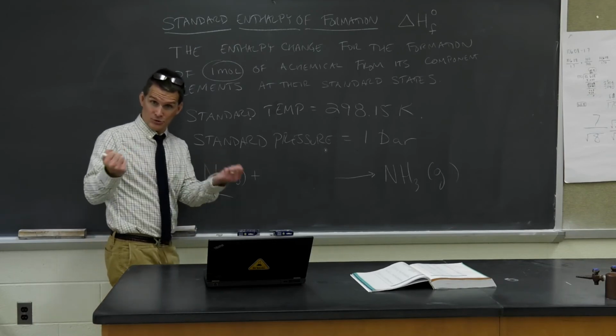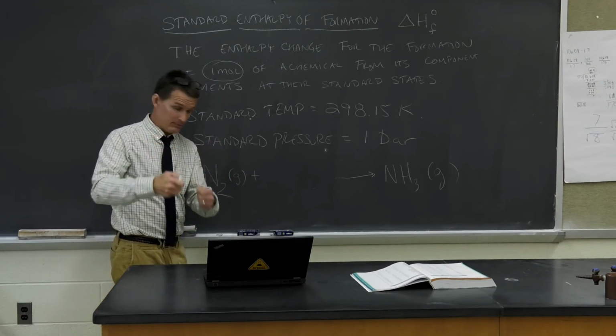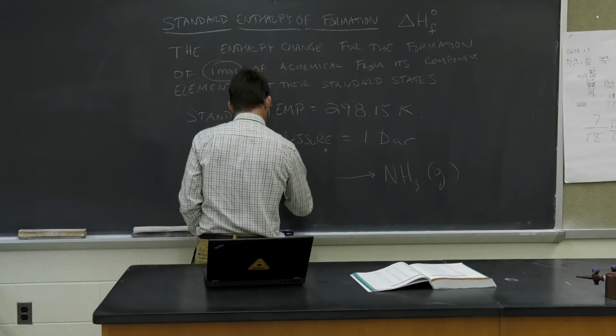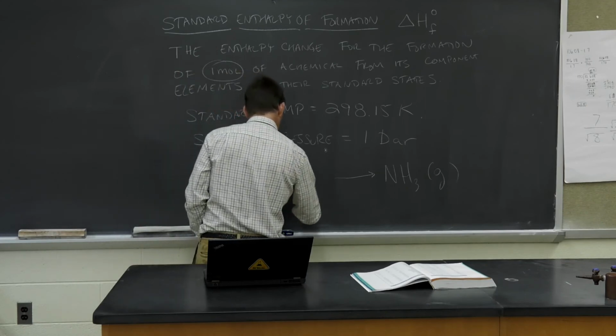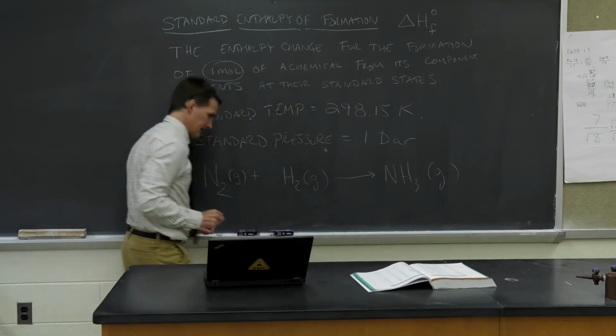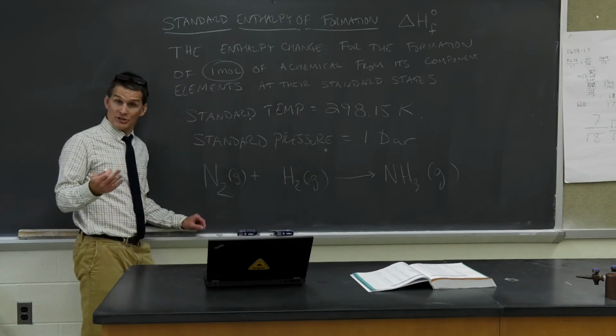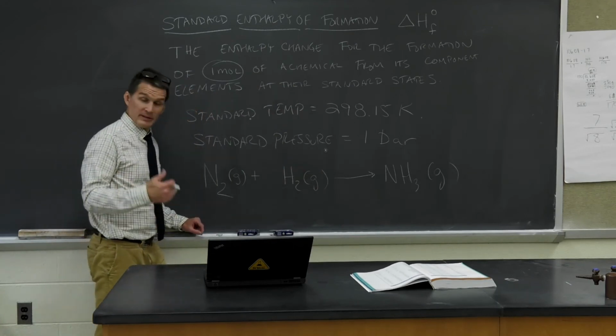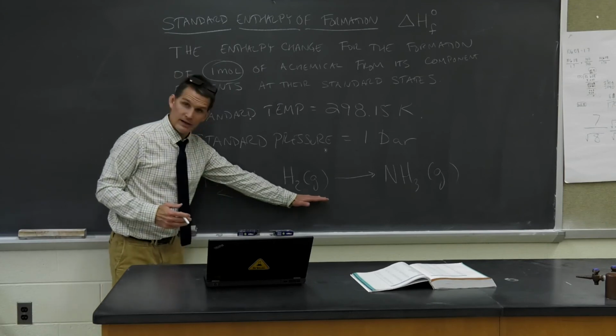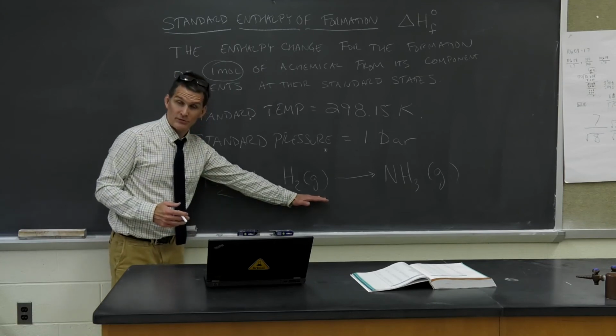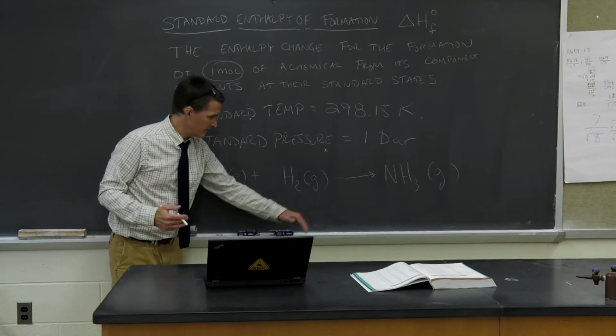Diatomic meaning two atoms stuck together in a molecule. So I'm going to write here H2 gas. That's how nitrogen exists, that's how hydrogen exists at room temperature and room pressure for the most part.